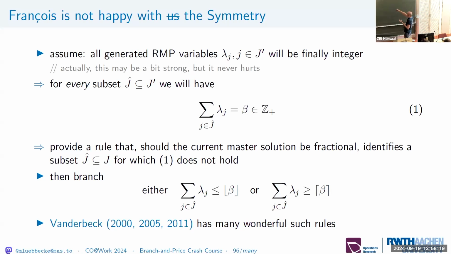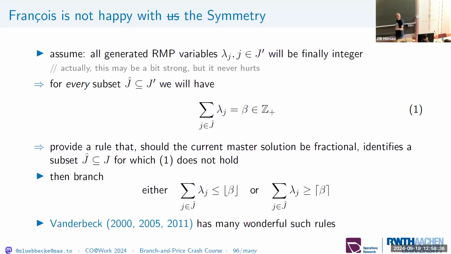They have a certain value currently, it's fractional, so I branch down or branch up. This can be respected in the pricing problem. All this is doable, and François van der Beek has wonderful papers on this. You should read that. It's generic, it works always.